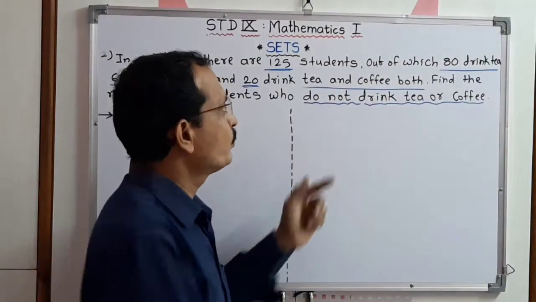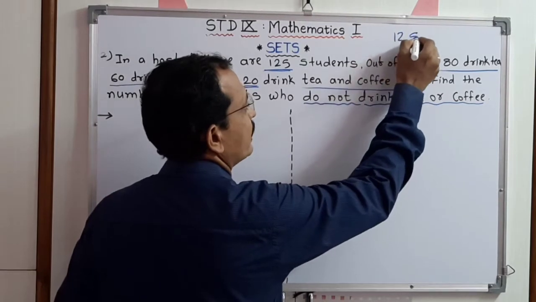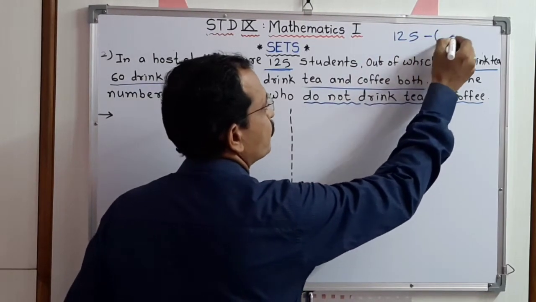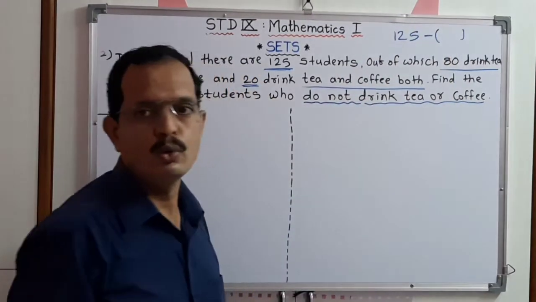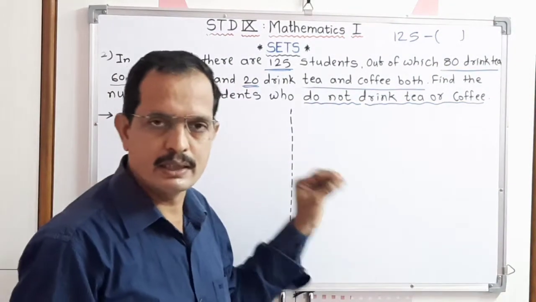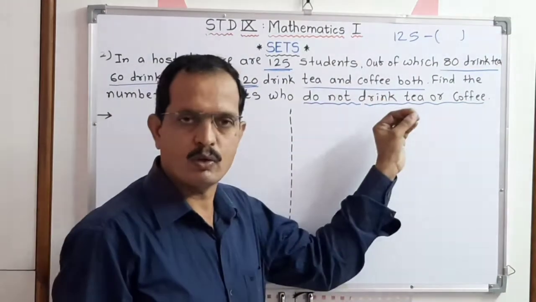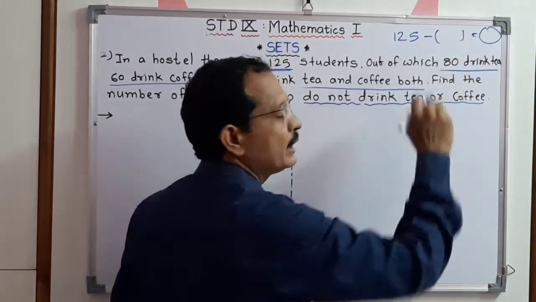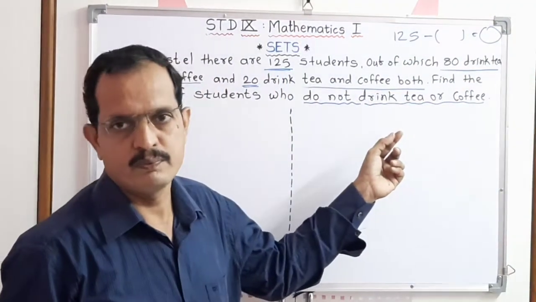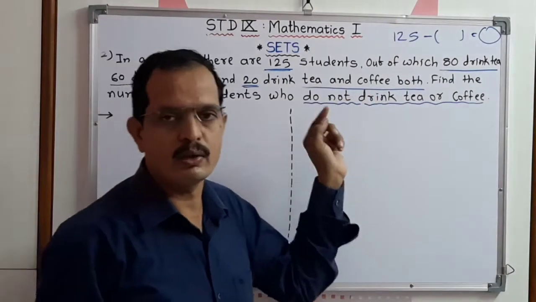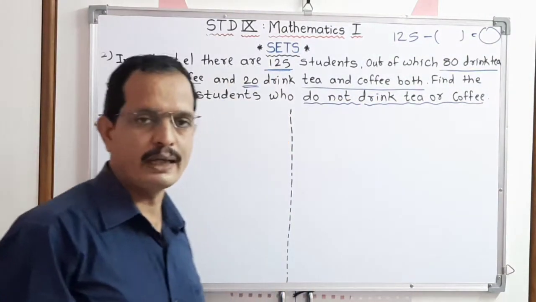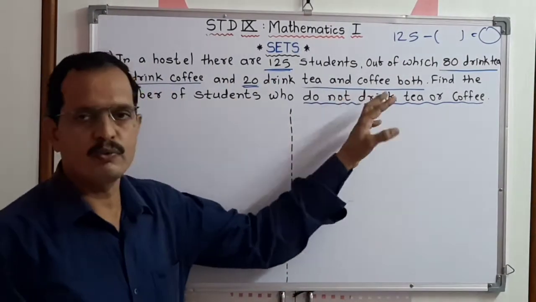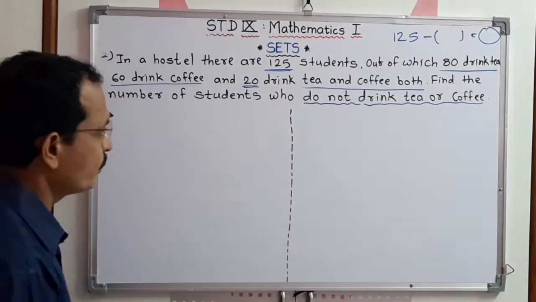Then from these 125, if we subtract the number of students who take something, that is drink tea or coffee, or tea and coffee both, we will get the number of students who do not drink tea and coffee. Therefore, first of all we have to find the number of students who drink tea or coffee, or tea and coffee both.